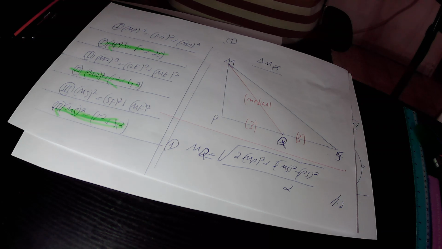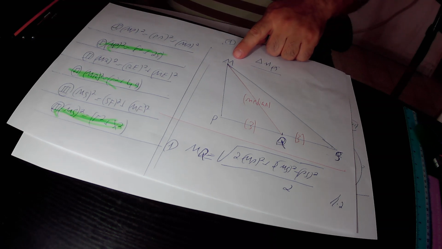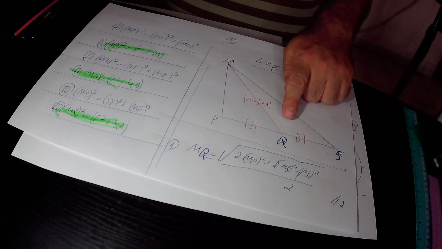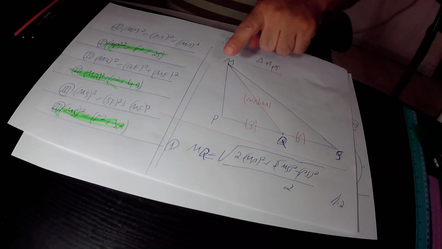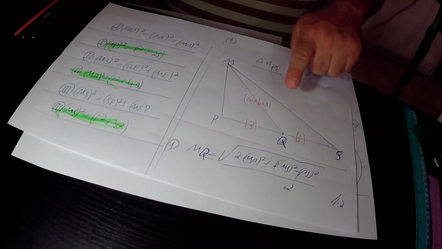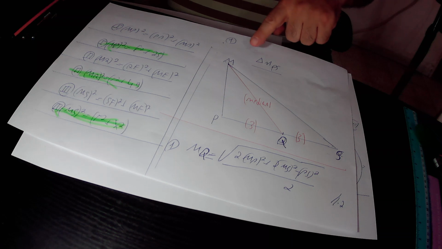So the median of any triangle bisects the opposite side to the vertex. Okay, the median MQ starts from the vertex M and ends at point Q, that is the midpoint of side PS. And it divides side PS into 2 halves. Each half equals 3 units in its length. So what is the length of the median MQ?